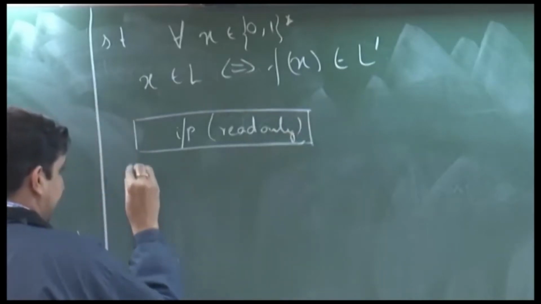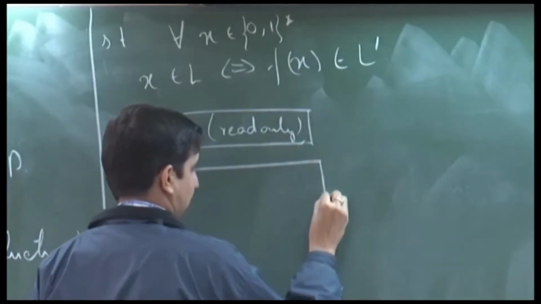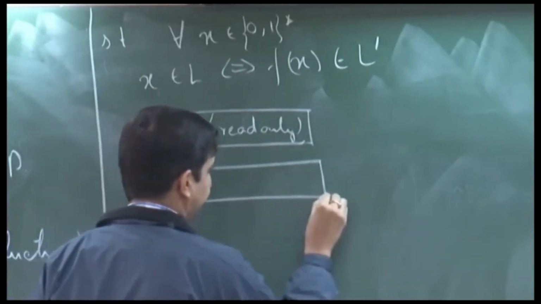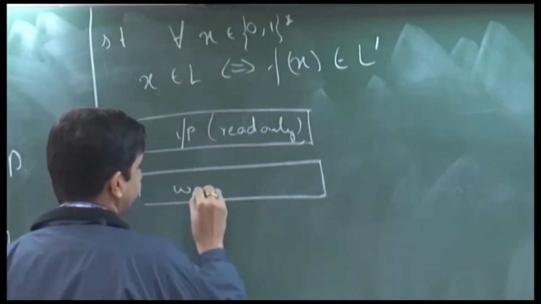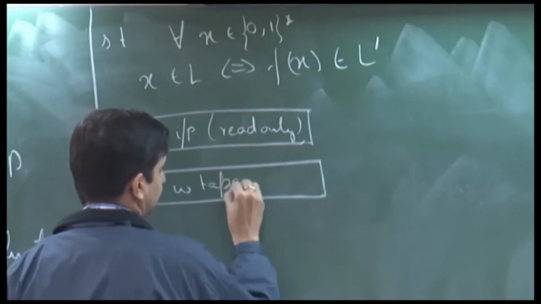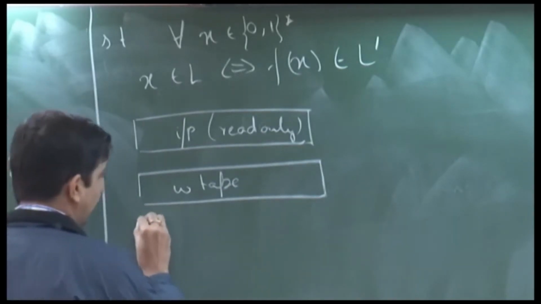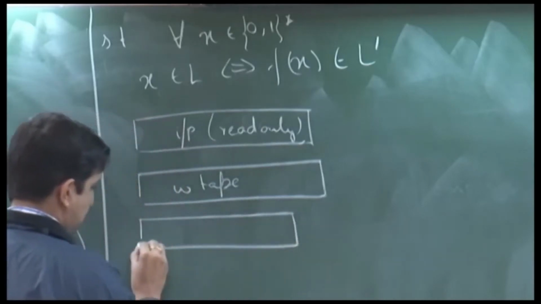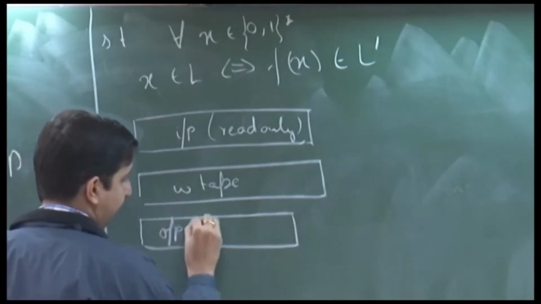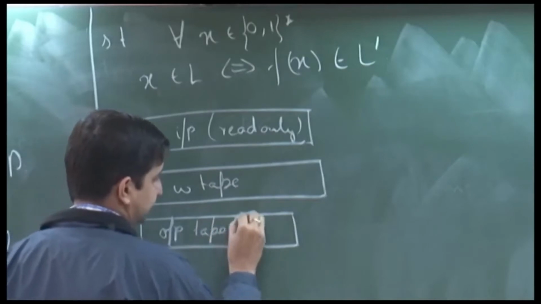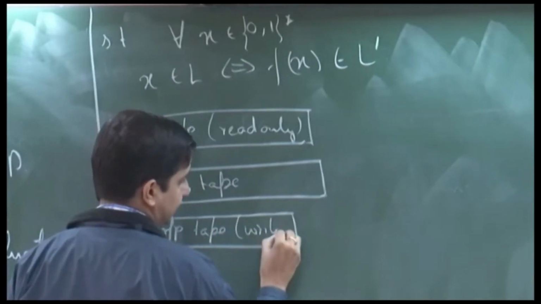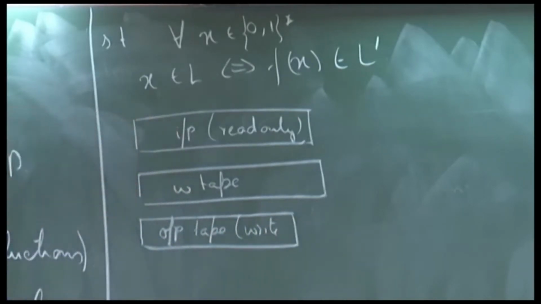It has an all powerful work tape, which means that you can read as well as write onto this tape, and then it has an output tape, which is just write only, so you cannot read information off this tape.